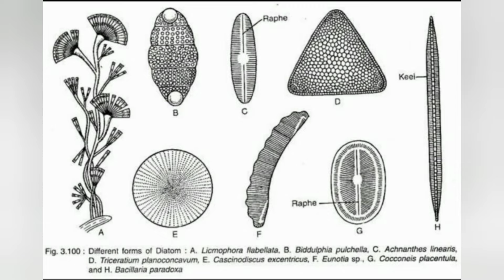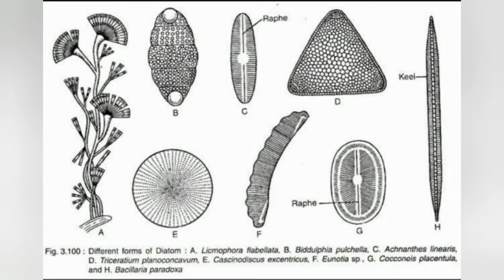So here in this figure, you see these are some of the diatoms. You can see they are of various forms. Some are in the form of a triangle, some are in the form of a rod, a plate, a circle. Some are elongated, some are like a disc, some are like wedges.